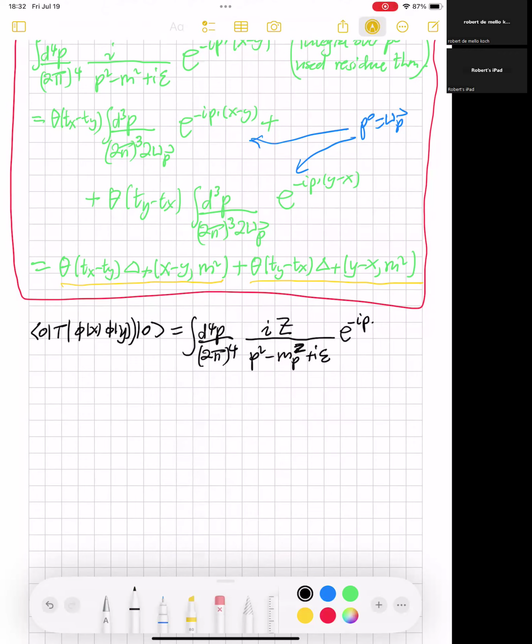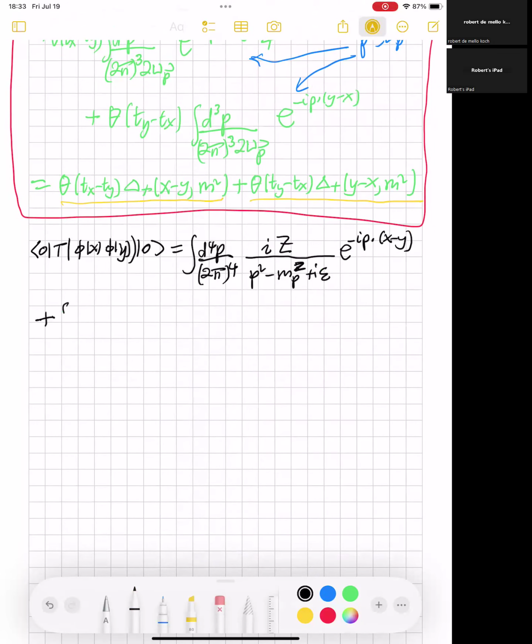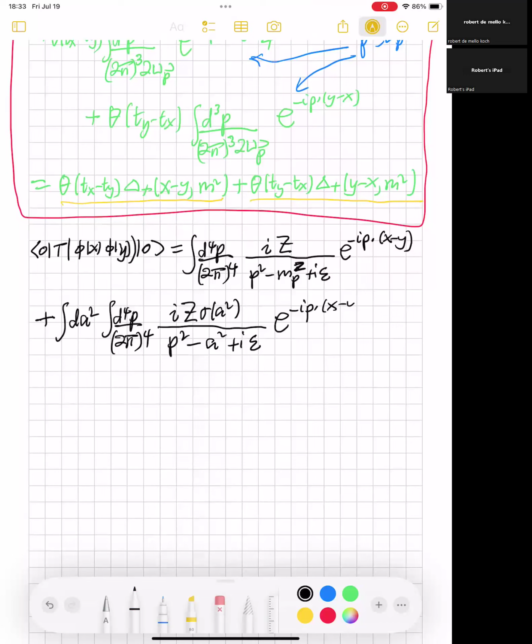Then the second term is plus an integral dμ² times an integral d^4p over (2π)^4 of i Z σ(μ²) over p² minus μ² plus iε, times e^{-ip·(x−y)}.